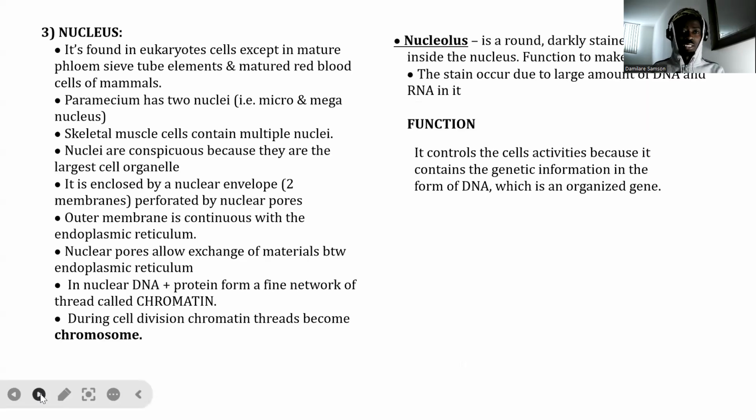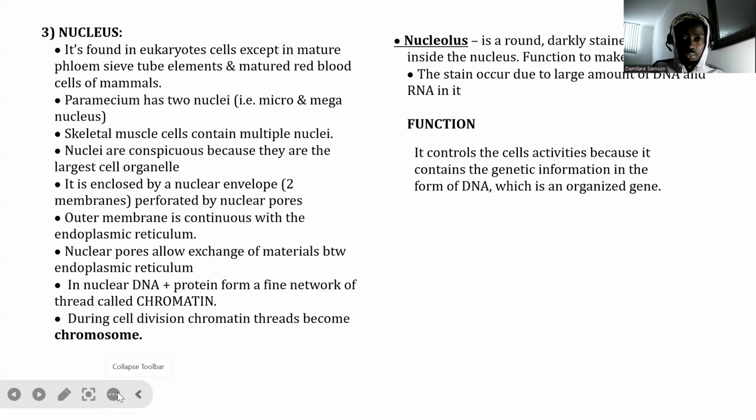And number three is the nucleus. We are very familiar with the nucleus, and I think we've discussed it so much. When you talk about the true nucleus, you talk about the eukaryotic cell. So let's go through what we have here.